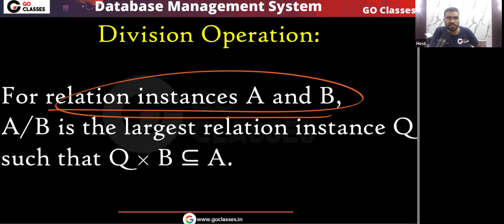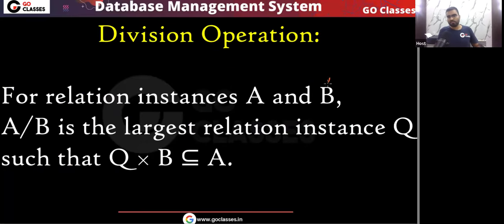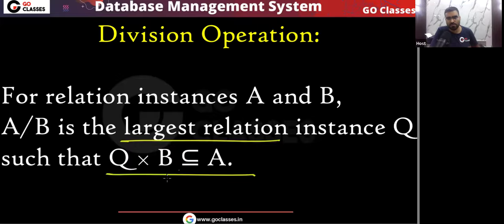If you have relation instances a, b, then a divided by b is the largest relation q such that q cross b is a subset of a.